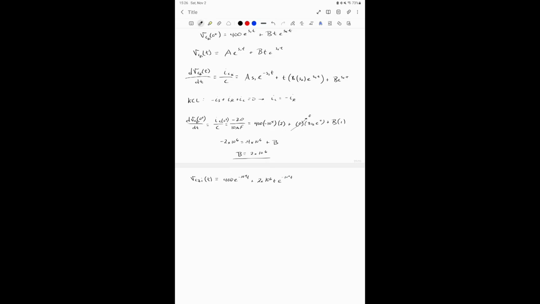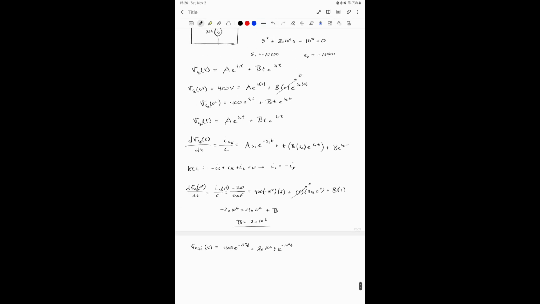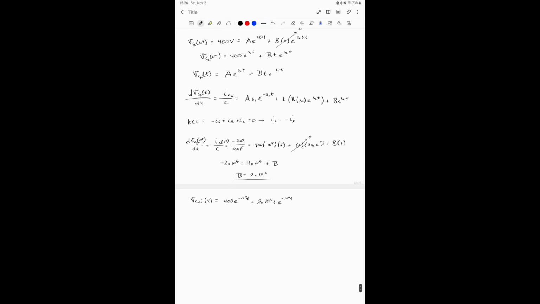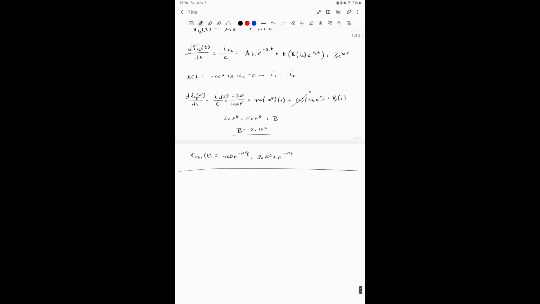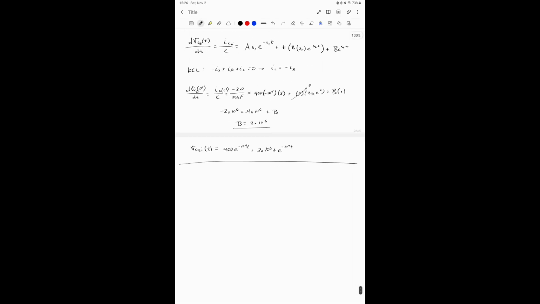Okay, so that's our 0 input equation. So now let's do the 0 state. So let's move on and do our 0 state.